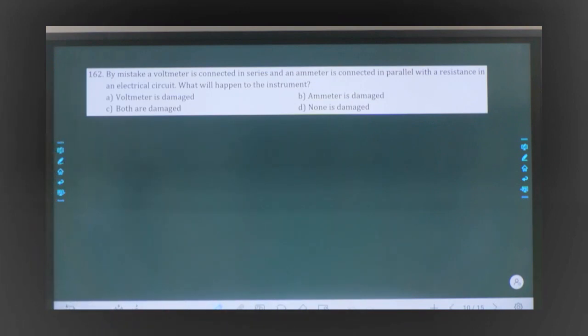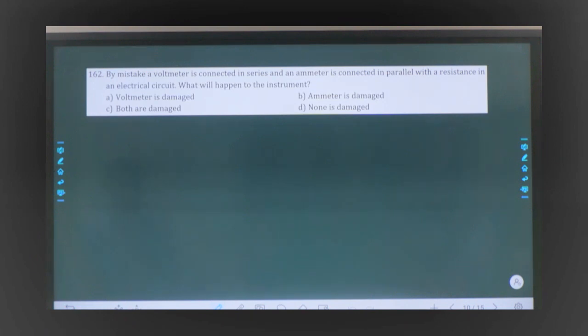By mistake, voltmeter is connected in series, ammeter is connected in parallel. There is resistance in the electrical circuit. What happens to the instrument? An ideal voltmeter has a very large resistance. So effective resistance बढ़ जाएगी, current कम हो जाएगी.